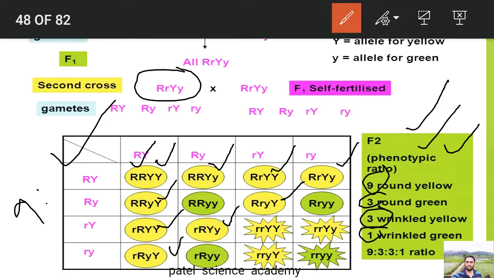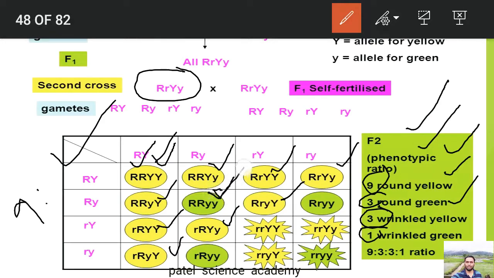So you can see in all these results, 9 yellow round progeny are there. Thereafter, green but round. So green and round. For round shape, capital R, either both capital R or one of the R will be capital. And for green color there will not be capital Y; both y should be in small letters, means in the recessive condition.